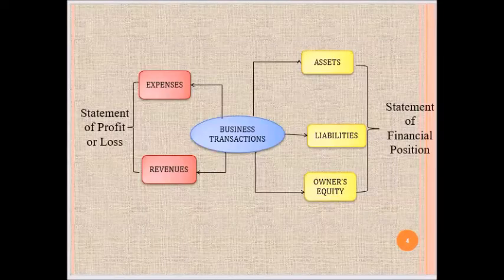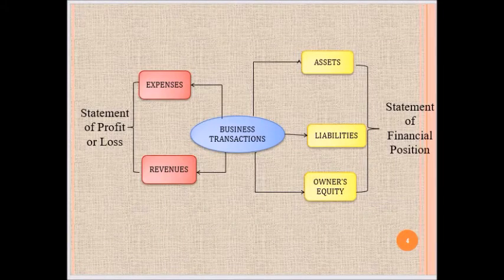Okay, so in this slide, it's a bit of a summary of this chapter. So in a business transaction, there's going to be a few classifications of account. The first is an asset, second is liability, and the third is the owner's equity.